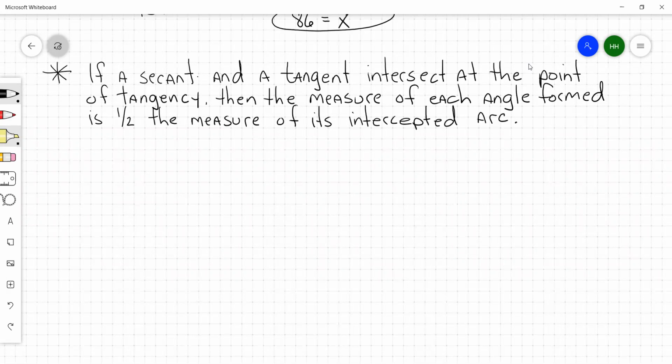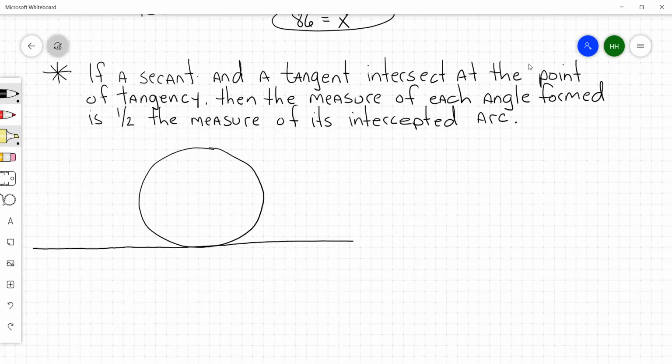So we got to draw a picture of this. Here's our tangent. Line L is our tangent. Here is a secant.